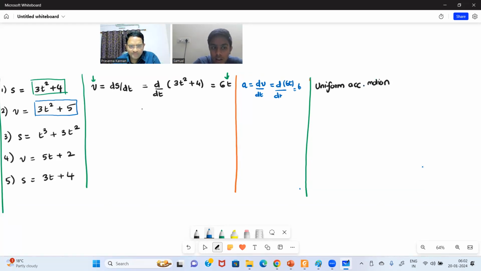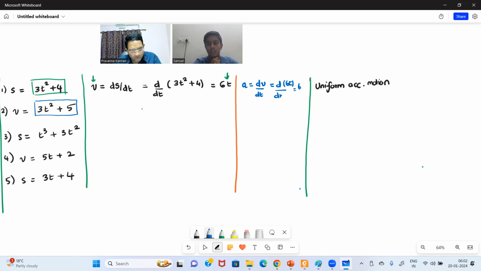What is uniform motion? Uniform motion is where velocity remains constant. What is non-uniform motion? The velocity changes. Correct.